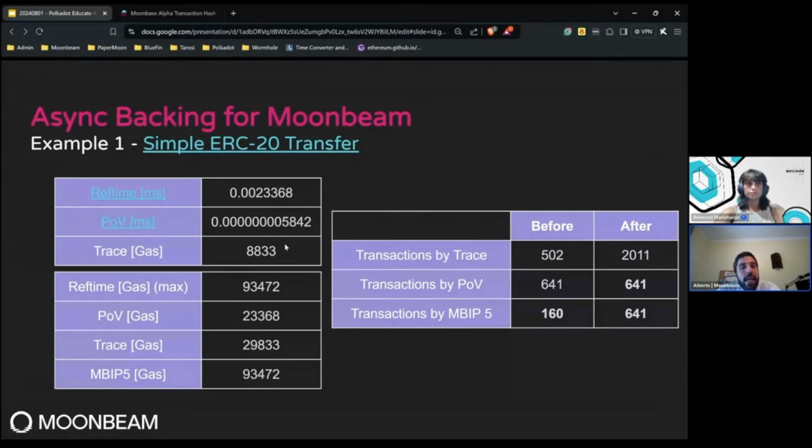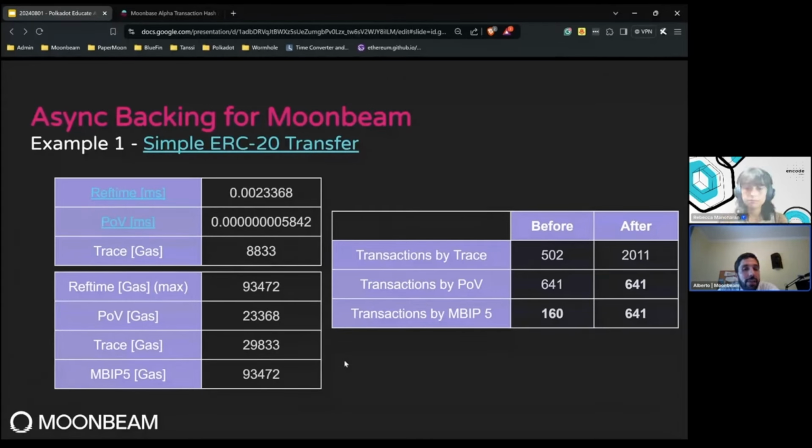If we put that into perspective, the POV in terms of gas was 23,000 gas units. The trace in gas was 29,000 units of gas. This is this number adding 21,000 units of gas, which is the baseline for Ethereum transactions.